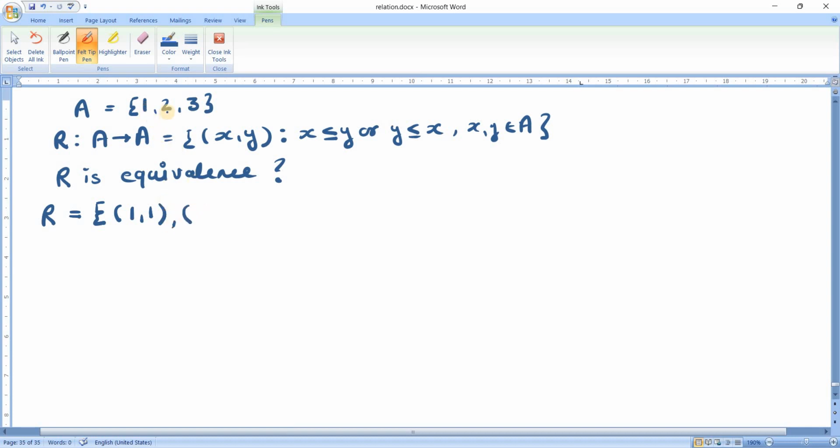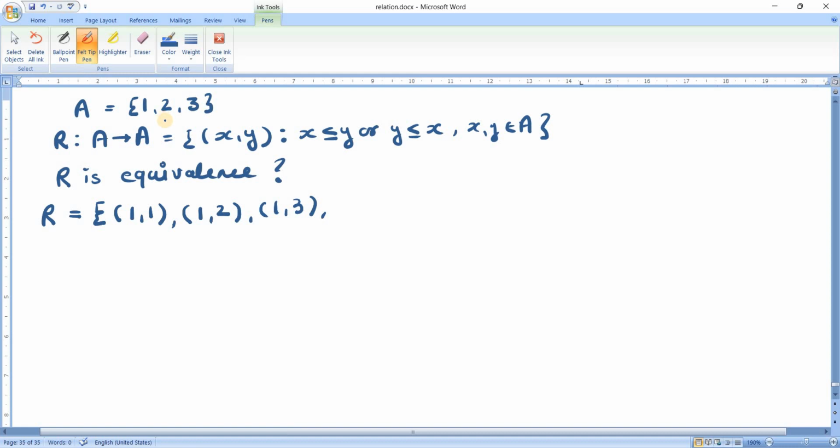The second ordered pair, 1 will relate to 2 as 1 is less than 2, so we will have (1, 2). The third ordered pair will be (1, 3) as 1 is less than 3.